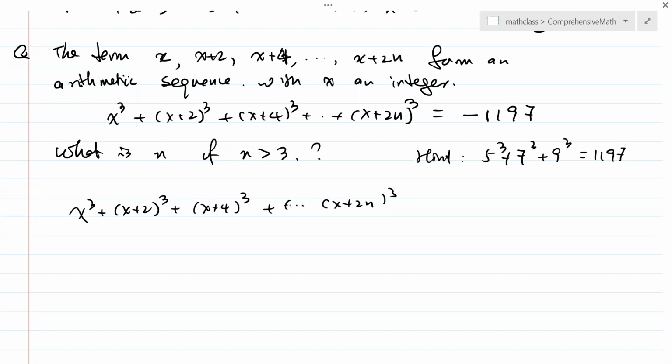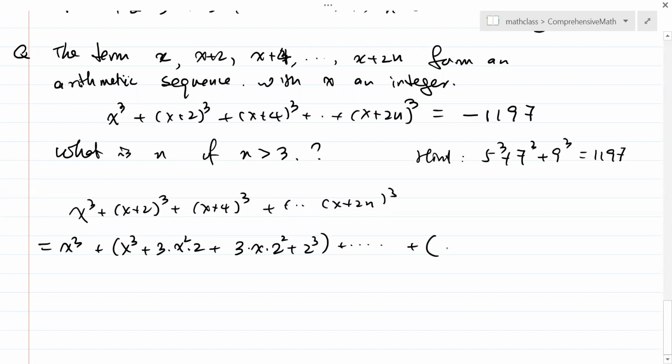So what you do is expand it: x cubed plus 3 times x squared times 2, and 3 times x times 2 squared plus 2 cubed, and so on. The last term is x plus 2n cubed, which is x cubed plus 3 times x squared times 2n, plus 3x times 2n squared, plus 2n cubed. Okay, I add them together.